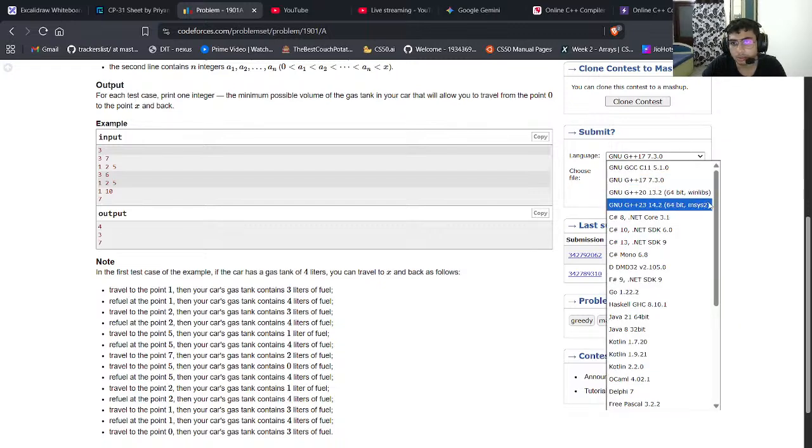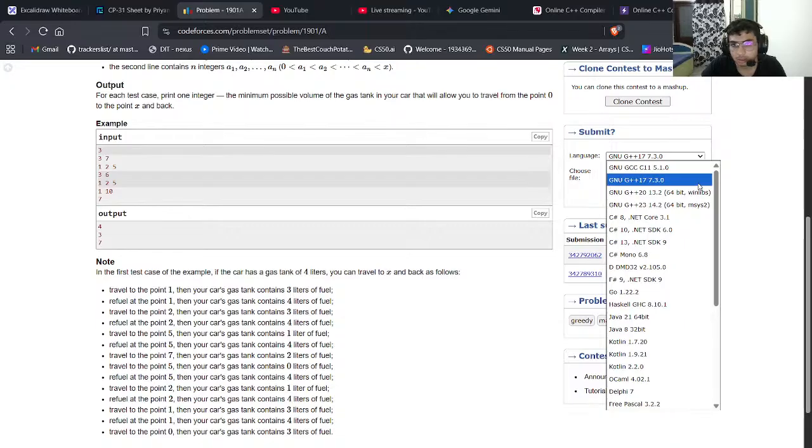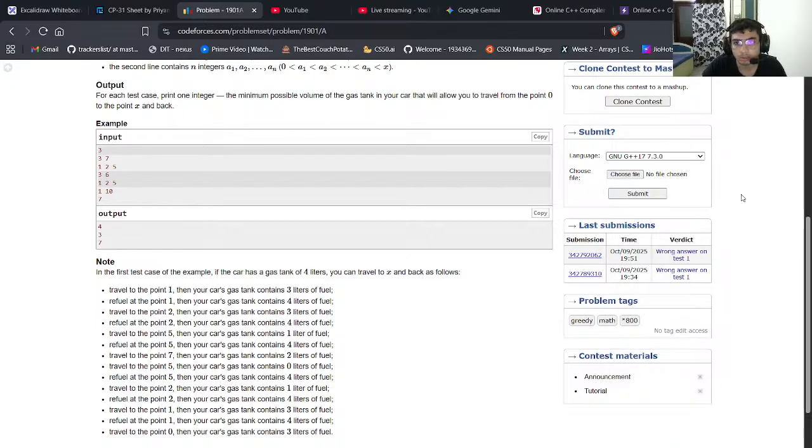Would it be because of this? Like because I may not be selecting it right? Because I do think it is G++ 17.